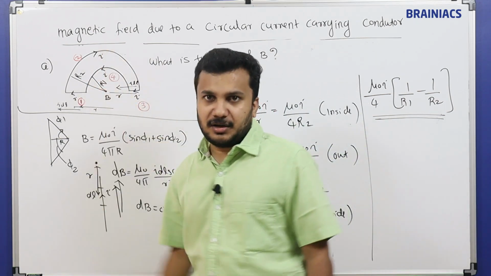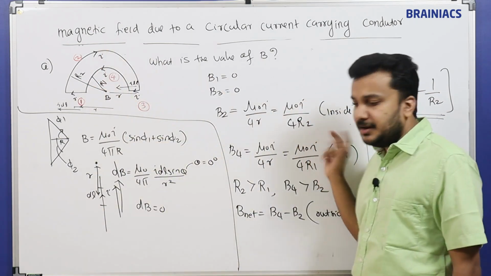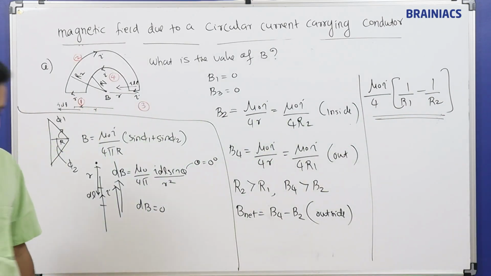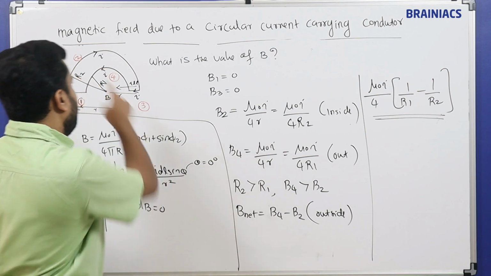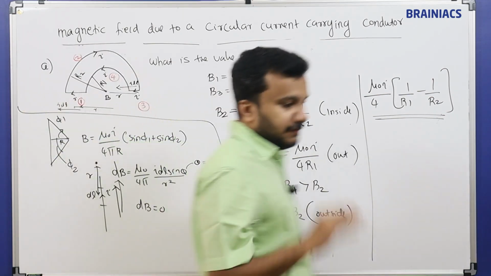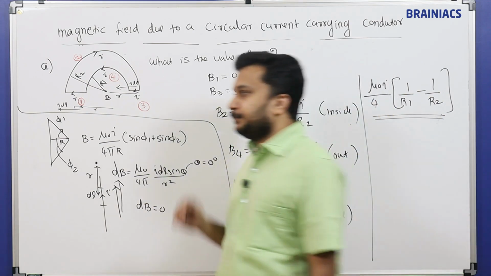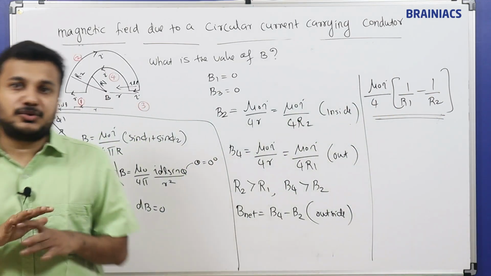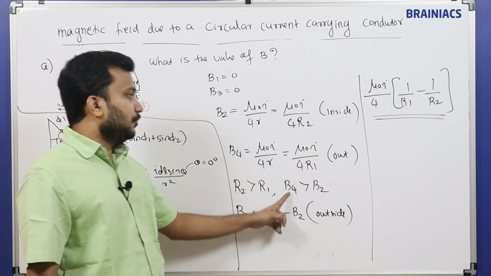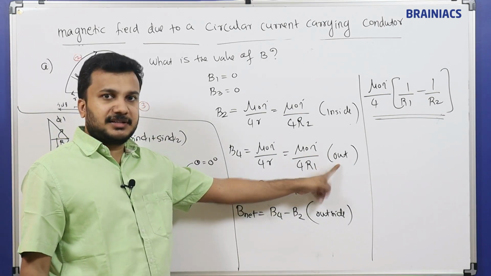For 2 and 4, we calculated the equations and have written them. But the interesting thing here is that the direction of the magnetic field in case of 2 and in case of 4 is different. If both are different, then what will happen? We have to subtract the lowest value from the highest value. B4 is highest, the outside magnetic field is highest.